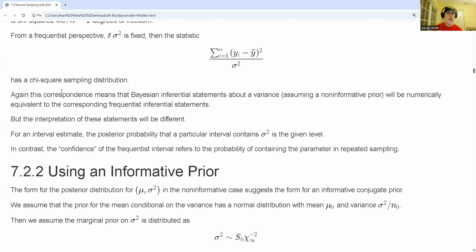In contrast, the confidence of the frequentist interval refers to the probability of containing the parameter in repeated sampling. And so the frequentist approach talks about a sampling point of view, and the Bayesian point of view talks about the probability that the parameter is within the interval that we believe after we've collected our data.